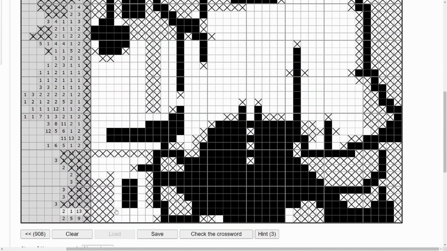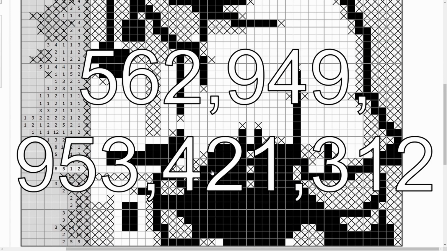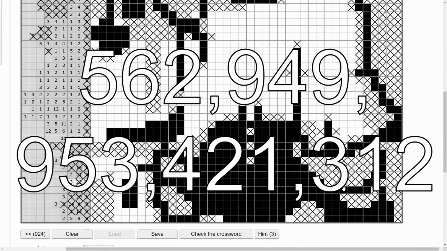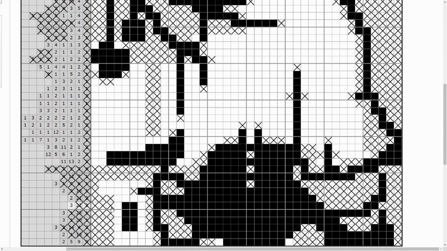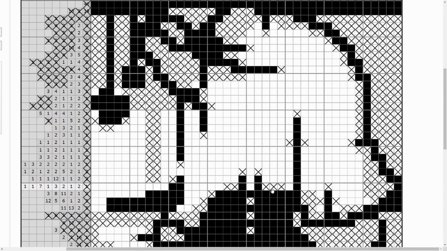So I went to Wolfram Alpha. The next number up is 562,949,953,421,312. Wow. The next one up, 8x8, managed to break Wolfram's naming algorithm. So I had to fix that.